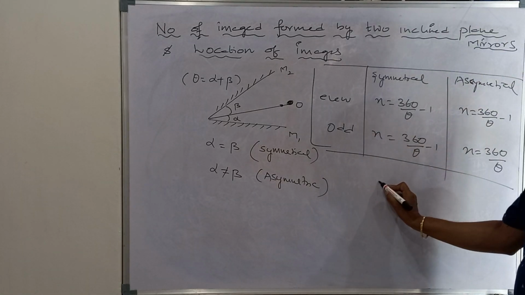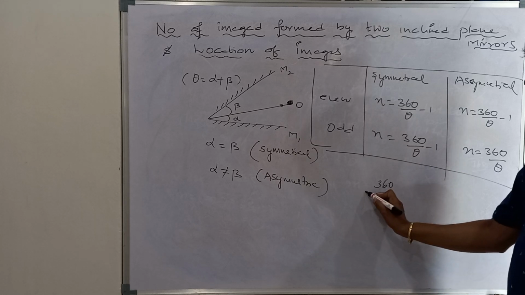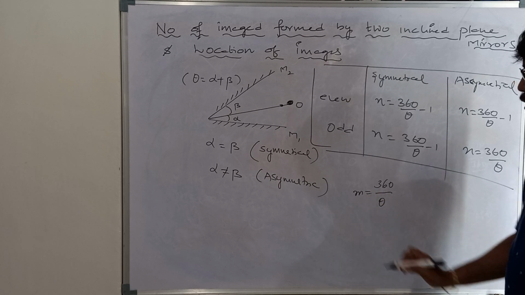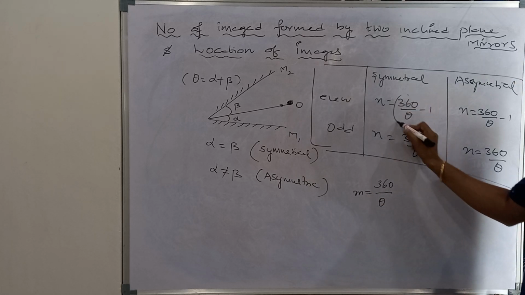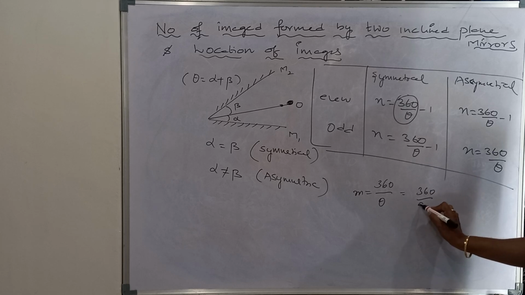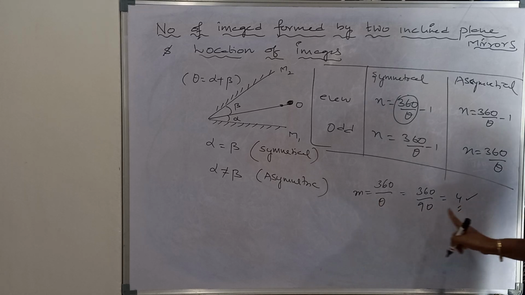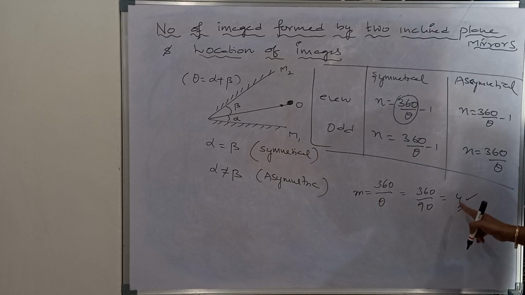Suppose 360 by theta, I consider as m. Suppose the angle between the mirrors is 90. Now how much is it? 4. So m is equal to 4. Is it even or odd? Even.